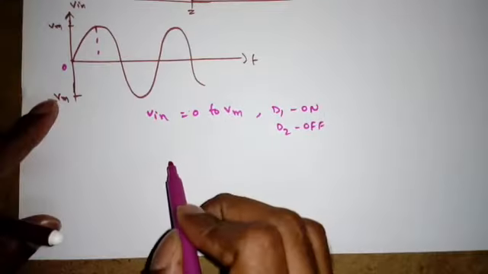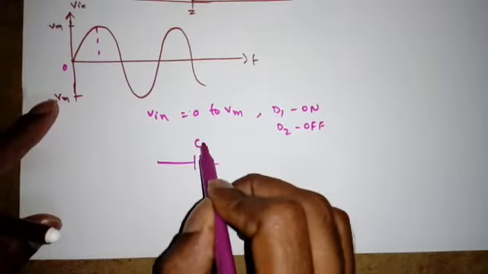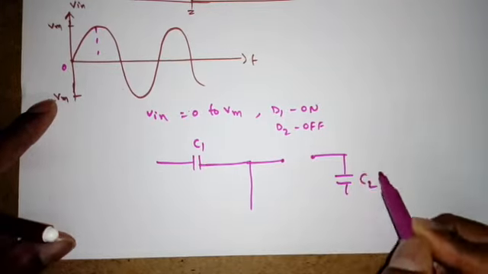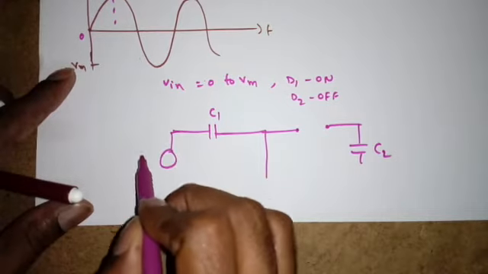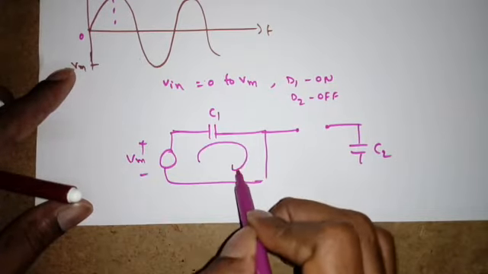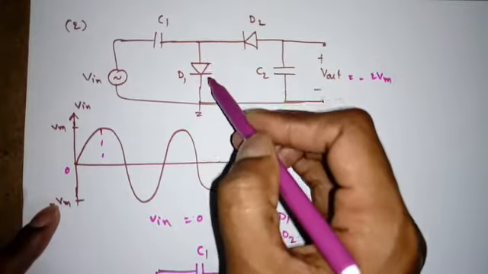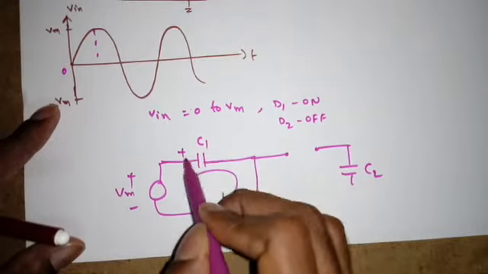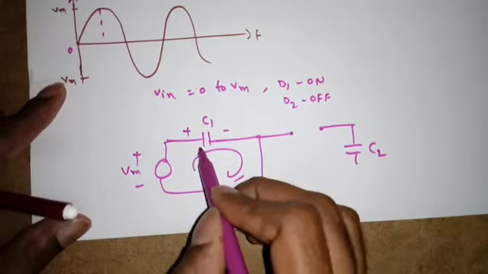When it is off, the circuit will be like this: C1 short circuit, open circuit, C2. How much have I applied? Maximum Vm. So the capacitor charges like this, because the diode terminals are P to N, the current will flow. What is the voltage? Plus minus Vc1.